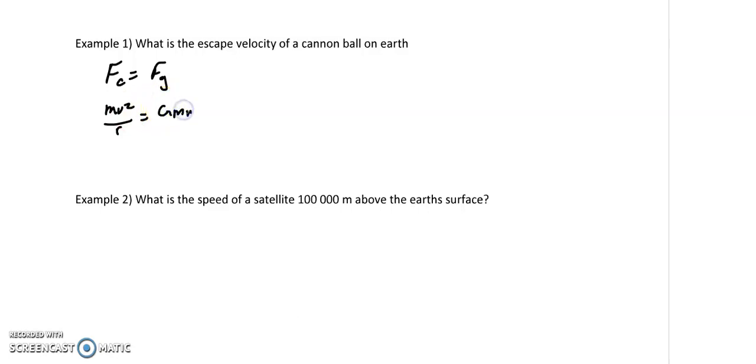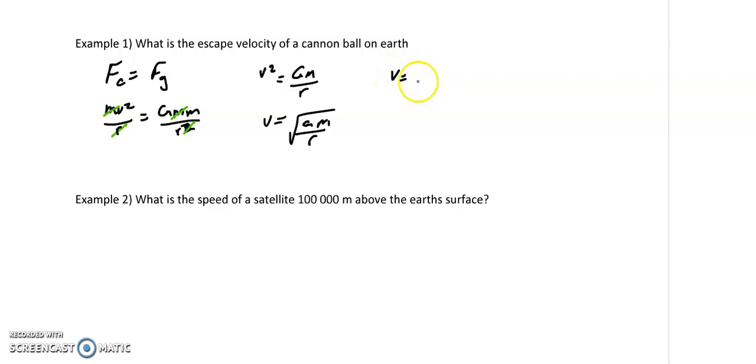And that is important because when we take a look at our formulas here, what we see is the mass of the cannonball and mass of the cannonball cancel out. We don't need to worry about them. One of the r's will cancel out, and so you're left with v squared is equal to GM over r, or the velocity would be the square root of GM over r, where M is the mass of the Earth and r is the radius of the Earth, because that would be the orbital radius of that cannonball.